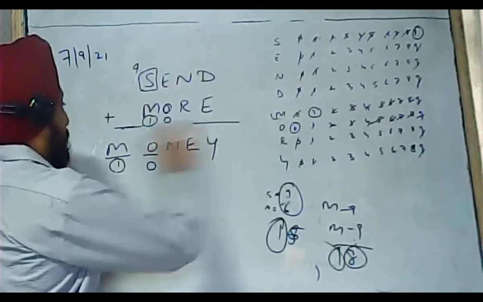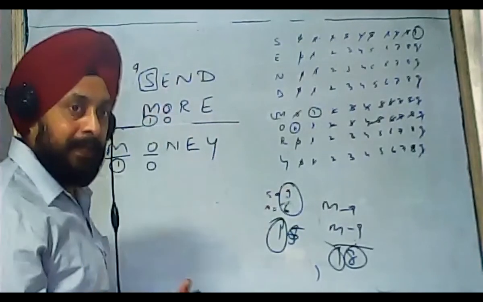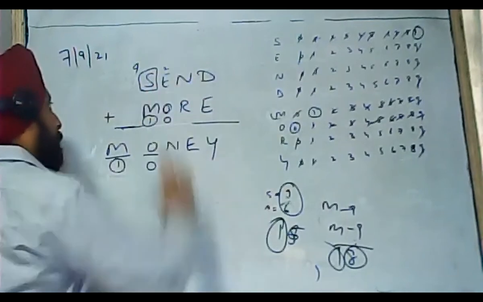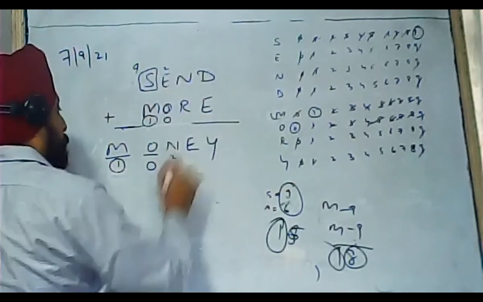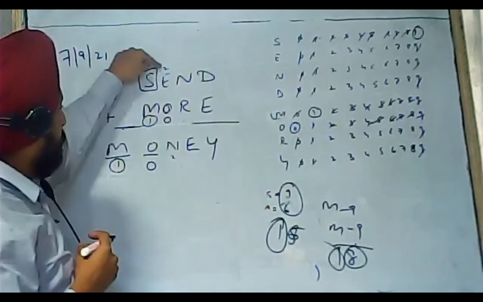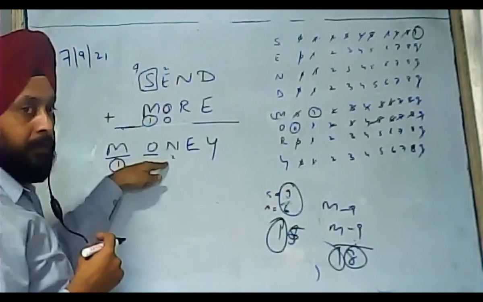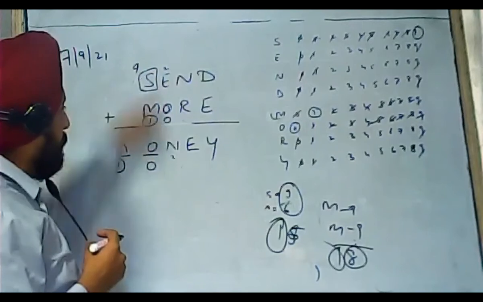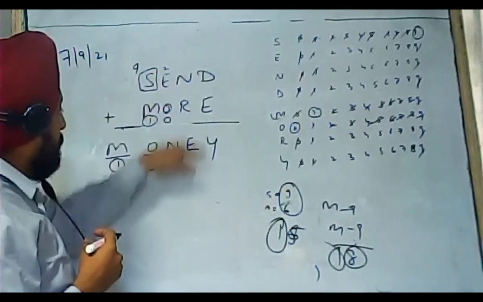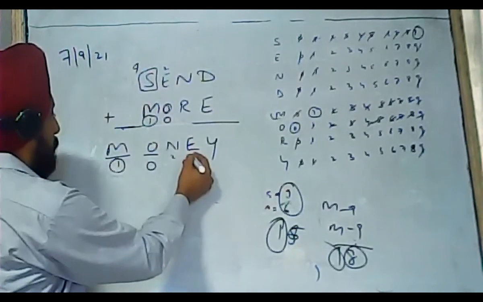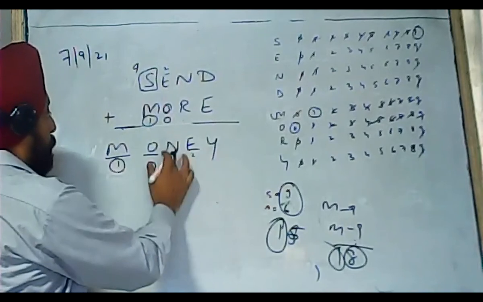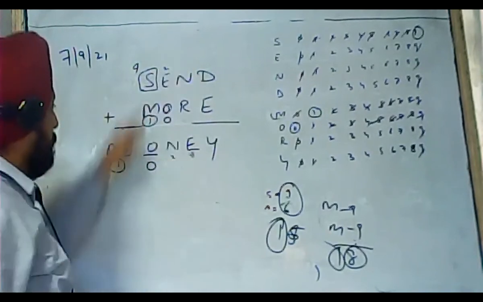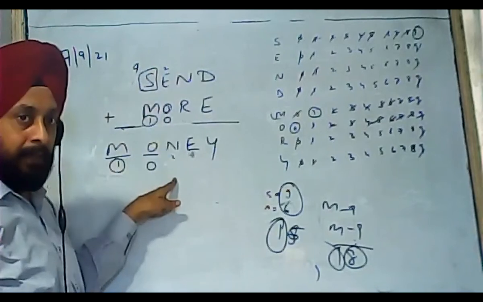So 0 has been given, 1 has been given, try with 2. If you give 2 here, 2 plus 0 is 2, so E also gets 2, N also gets 2. So it cannot happen. The same cannot be given.